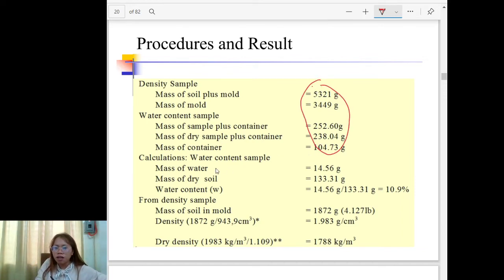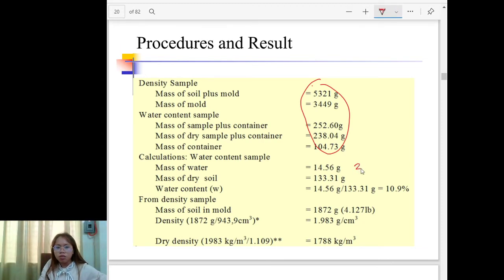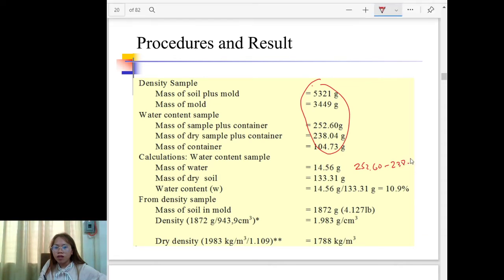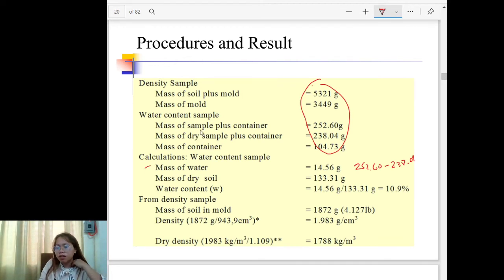So for the computation of the water content, the mass of water is equal to the mass of moist soil plus container minus the mass of dry soil plus container, which is 252.60 minus 238.04. This is to obtain the mass of water.